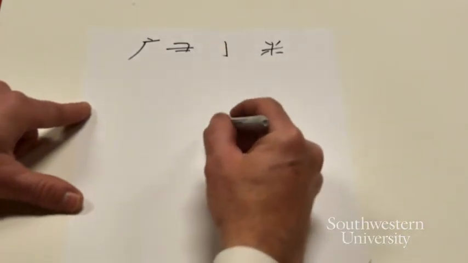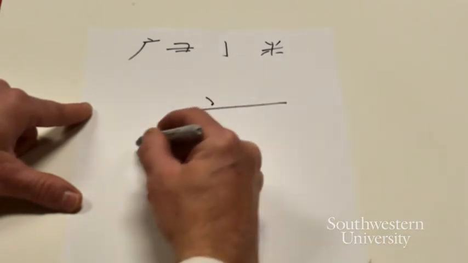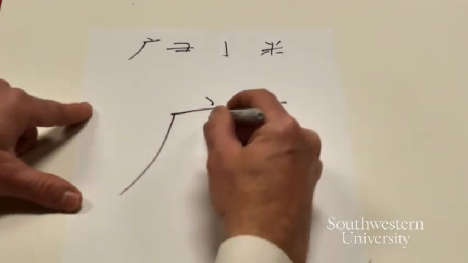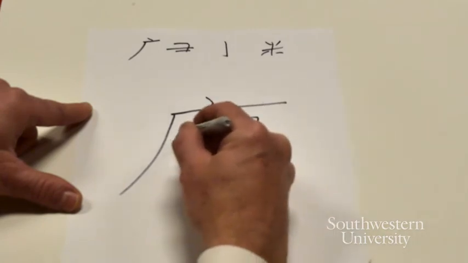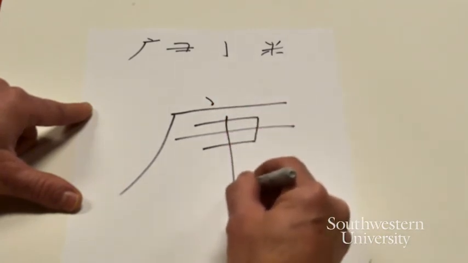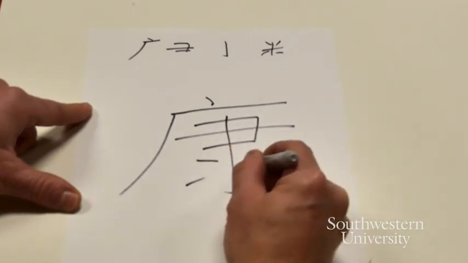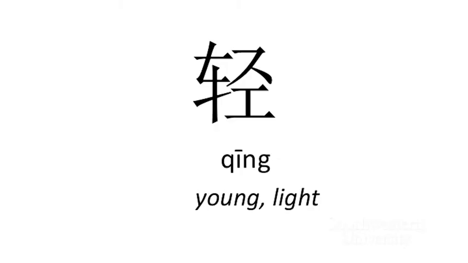That's not how it derives, but you can remember it that way. Dian, hung, pie, hung, ja, hung, shu, go, dian, kong.